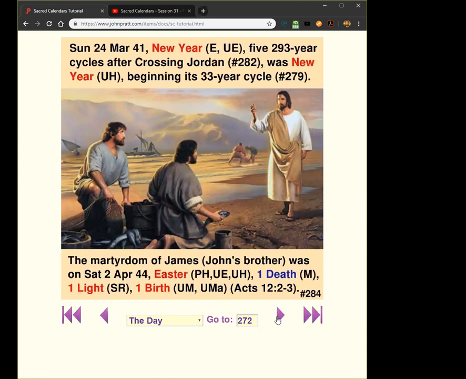Again, I can't put a lot of meaning on these things, but I try to just show examples of when things are happening. But the martyrdom of James was kind of a big thing, and I don't understand all of everything behind it. Let's go to the next slide, 285.